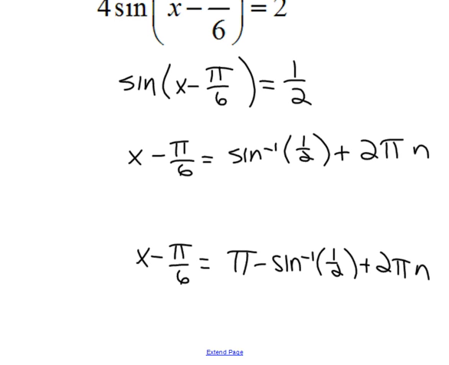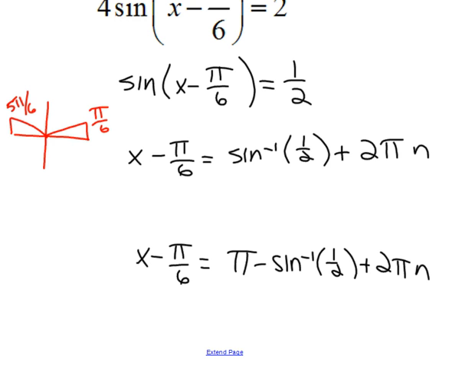And again, if you are not the biggest fan of this formula, if you want to think about it in your head, you can do the same thing. It's still the same process. Where is my sine 1/2? Sine is 1/2 at 30, which is pi over 6, and over here at 150, which is 5 pi over 6. So those are my two solutions.